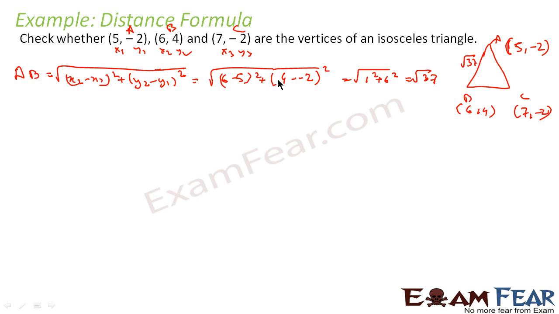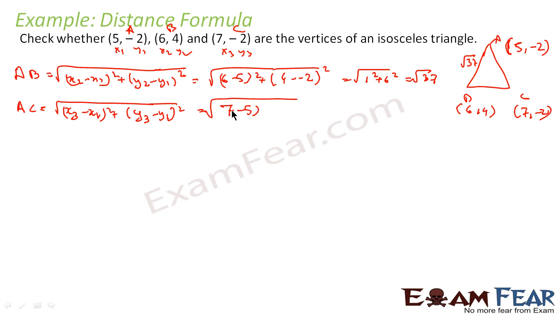Let's find AC. In AC, if you see, the points are x1, y1 and x3, y3. So this will be root of (x3 minus x1) squared plus (y3 minus y1) squared, and that is nothing but root of (x3 is 7 minus 5) squared plus (y3 is minus 2 minus minus 2) squared.